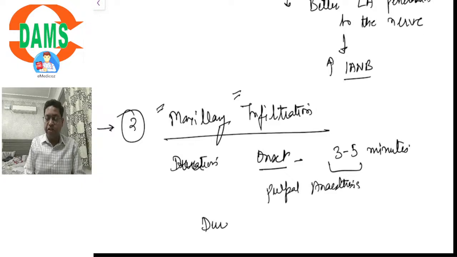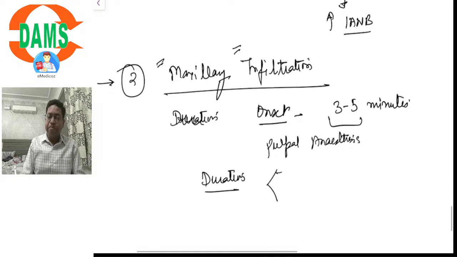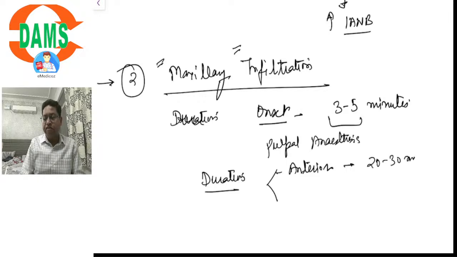What about the duration? The duration depends upon the type of teeth. For anterior teeth, we use a maxillary infiltration and we get about 20 to 30 minutes of pulpal anesthesia, which is sufficient to extirpate the pulp.